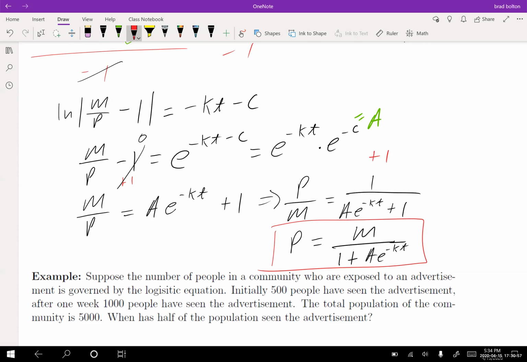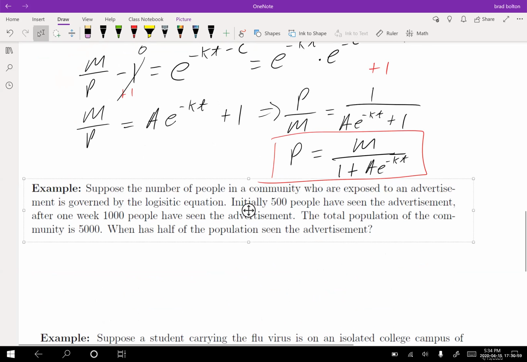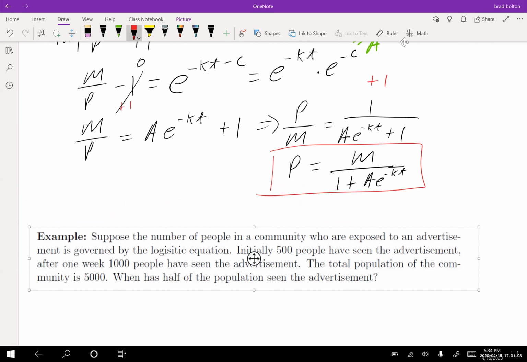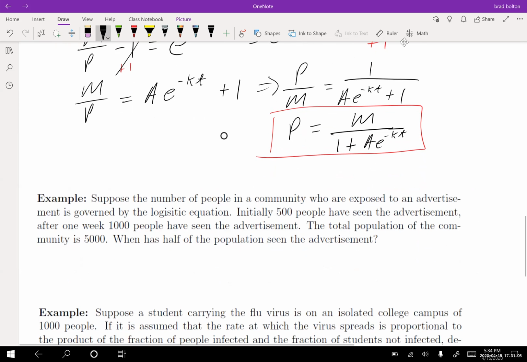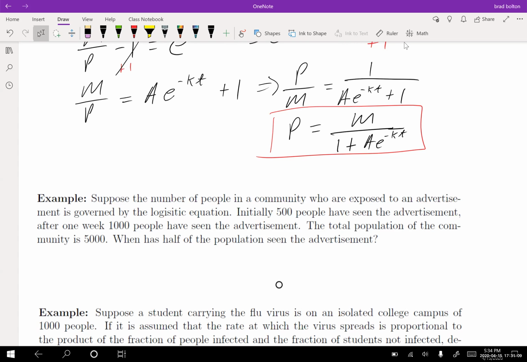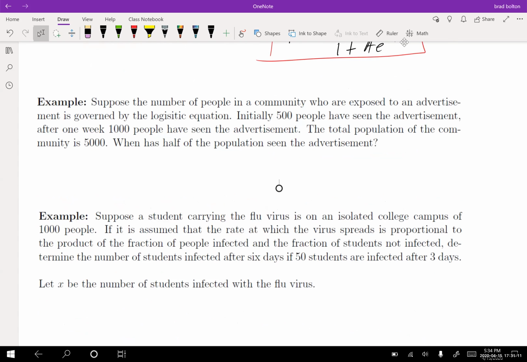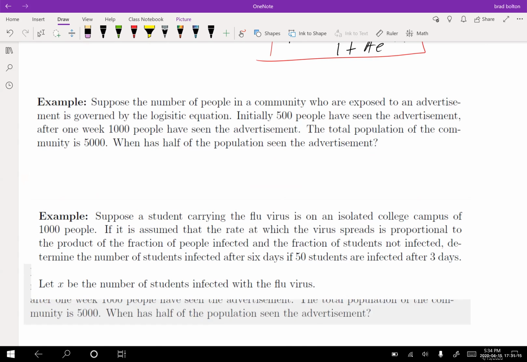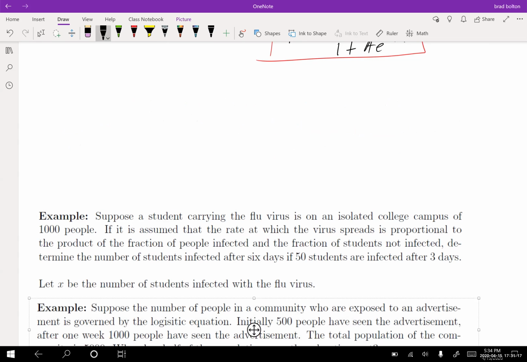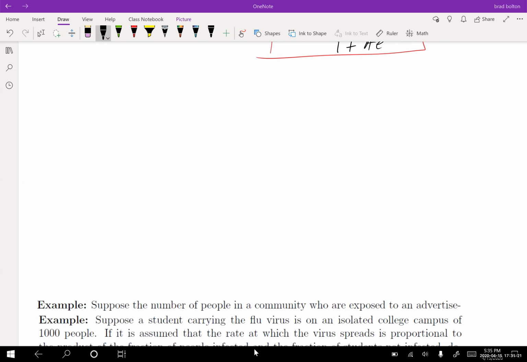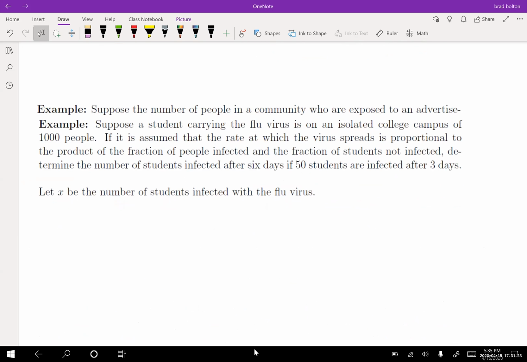Okay, so let me move this again. So we now have that. And officially, let me make some more room. Oops, I think I lost something.